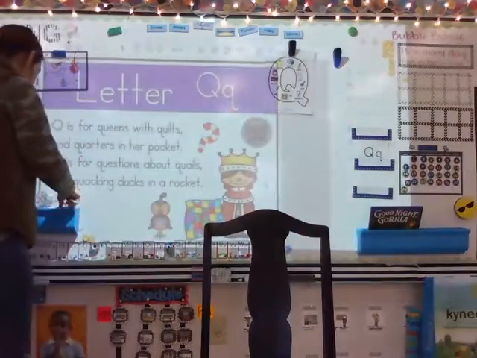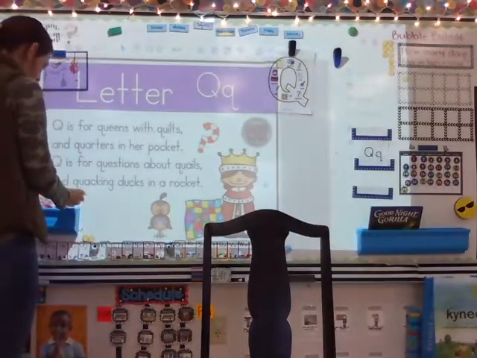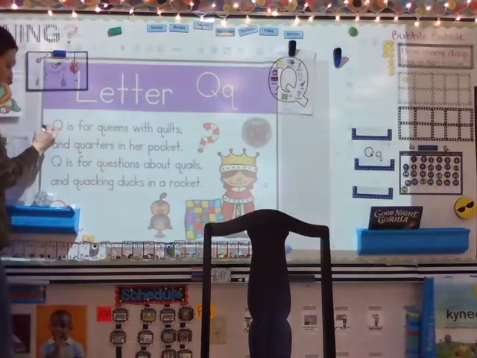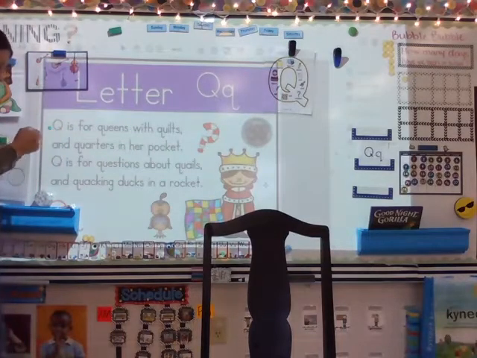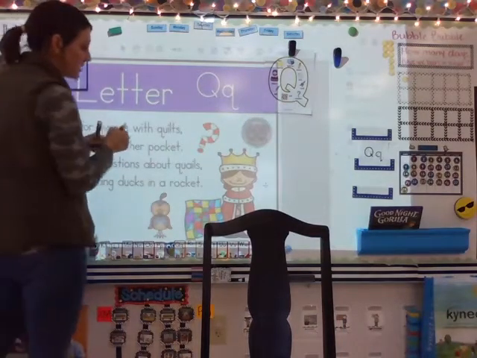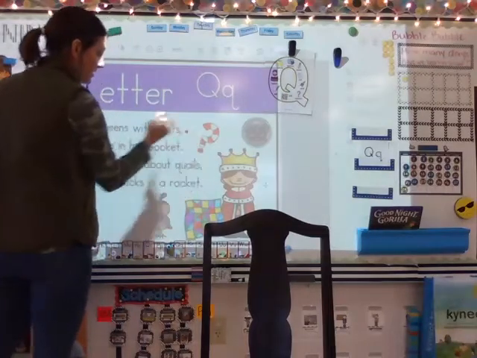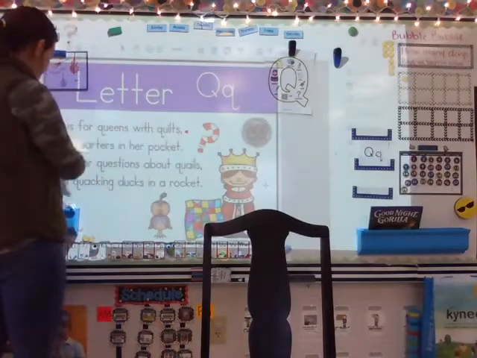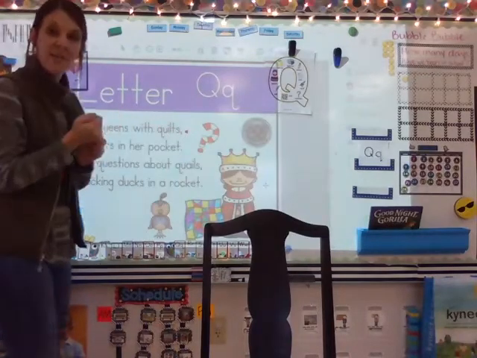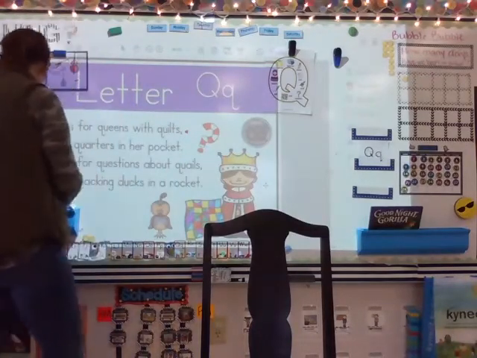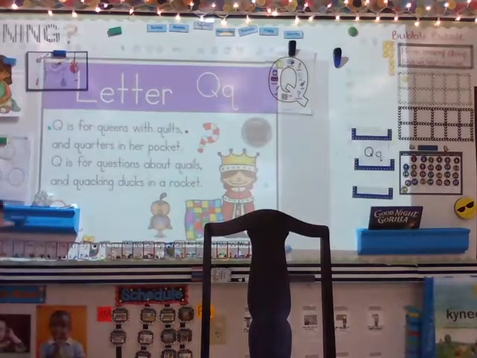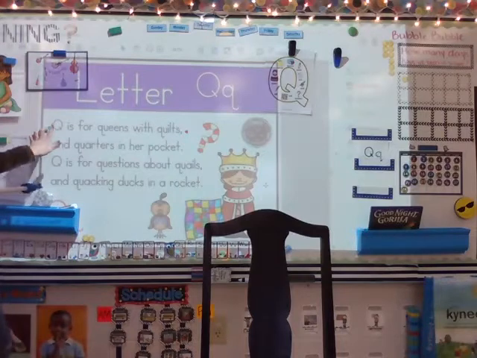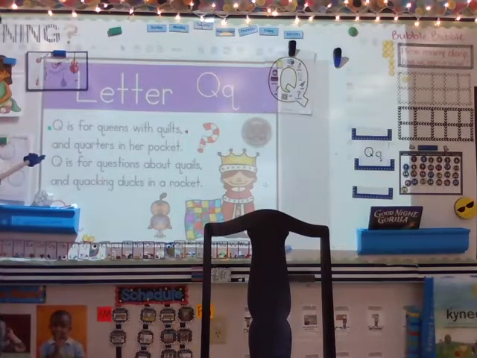All right, friends, remember when we are reading, we start on the green and we read all the way across to red. Left to right, green to red, because green means go. So let's get started. We're going to read the story first, then we're going to go back through it, and every time you see a Q when I point, make the Q sound at home.